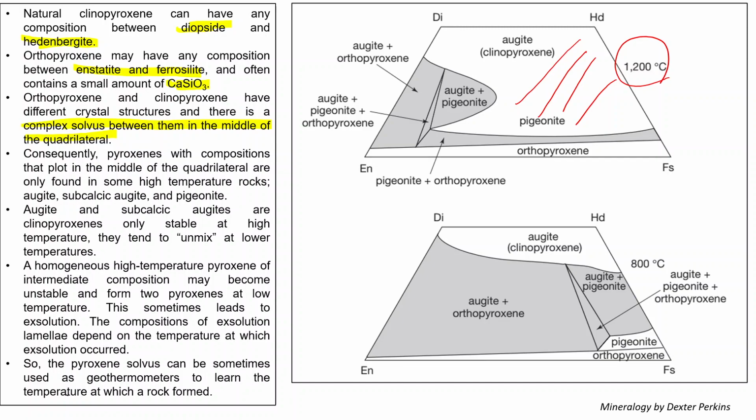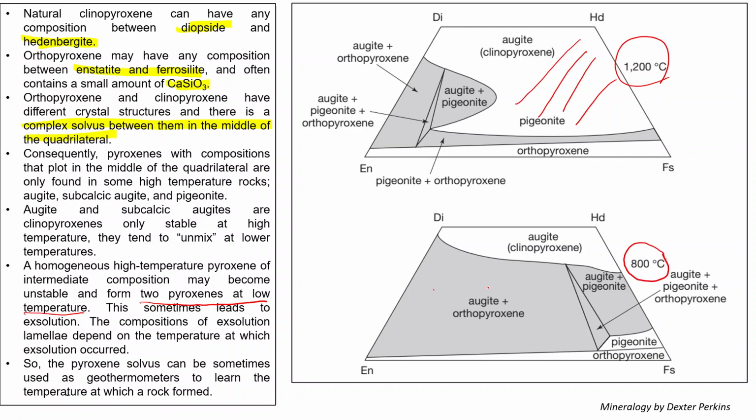So a homogeneous high temperature pyroxene of intermediate composition may become unstable and form two pyroxenes at low temperature. If you see over here, this gray zone gives the zone of unmixing, while in this white zone they tend to exist together. At higher temperature, the zone of unmixing is smaller as compared to the lower temperature, where the zone of unmixing increases.